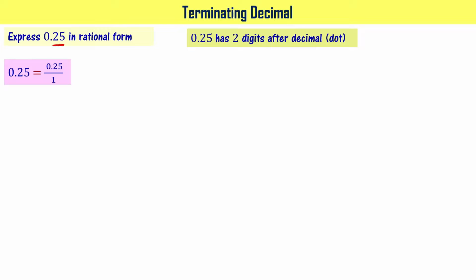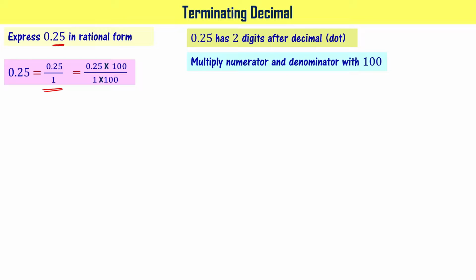So since there are 2 digits here, let's multiply the numerator and denominator of this ratio with 100. If I have 0.25 into 100, since there are 2 zeros here, the dot moves 2 digits to the right. It means I can write it as 25.0 or 25, so the numerator becomes 25 and the denominator becomes 100.